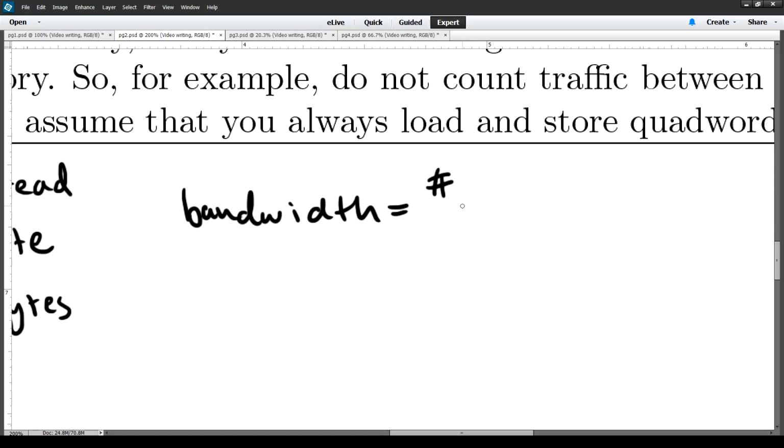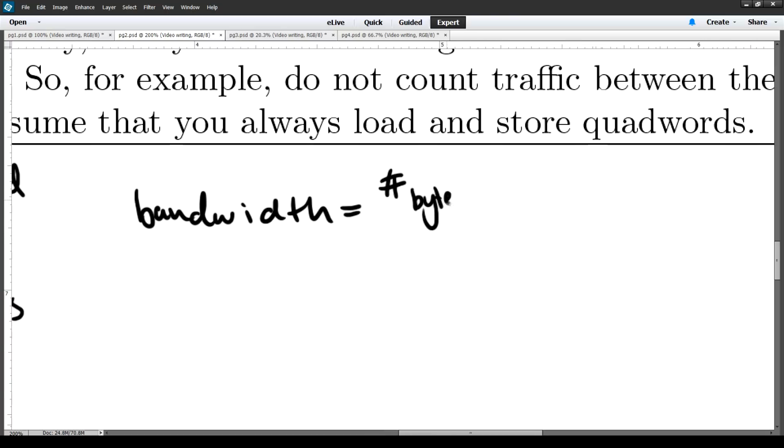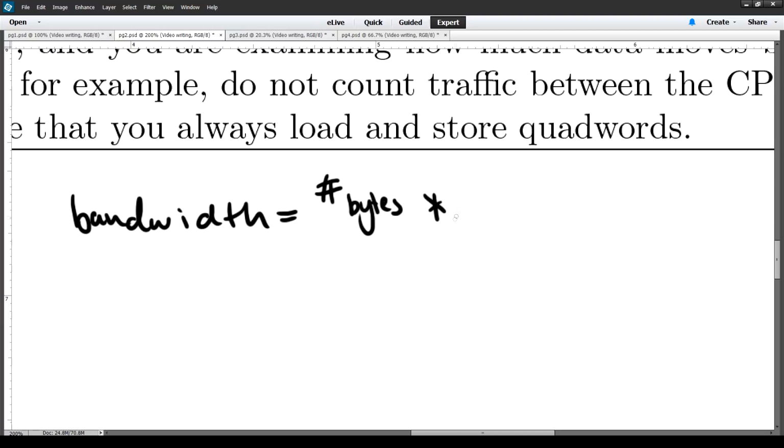If you're calculating the read bandwidth, you'll be looking at the number of read bytes, and if you're calculating the write bandwidth, you'll be looking at the write bytes. You'll multiply that by the percent of instructions that result in that number of bytes being read or written, and divide all of this by the CPI.